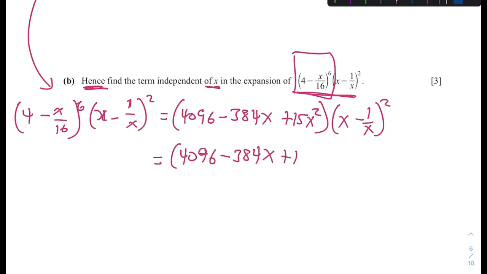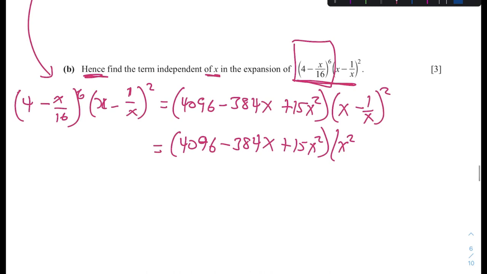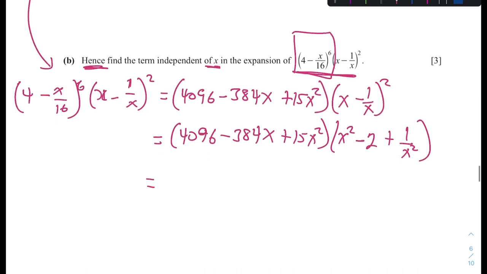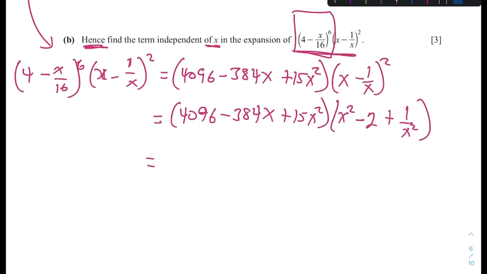If it's a quadratic, I don't use the binomial expansion. I can just expand it. So you have your x squared, and then you have minus, this times that is 1 times 2 is 2. And then you have plus 1 over x squared. Okay. So we want to find the term independent of x.